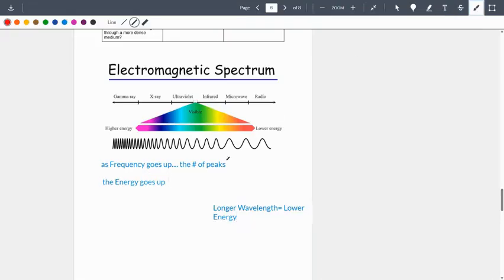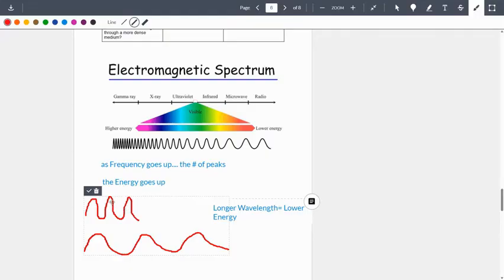So let's define frequency versus wavelength. Frequency is the number of peaks in a given time. I realize that this is really close together. We would say that this has a high frequency, because if I was to continue this red line out in the same space that this takes up, I've got six peaks.